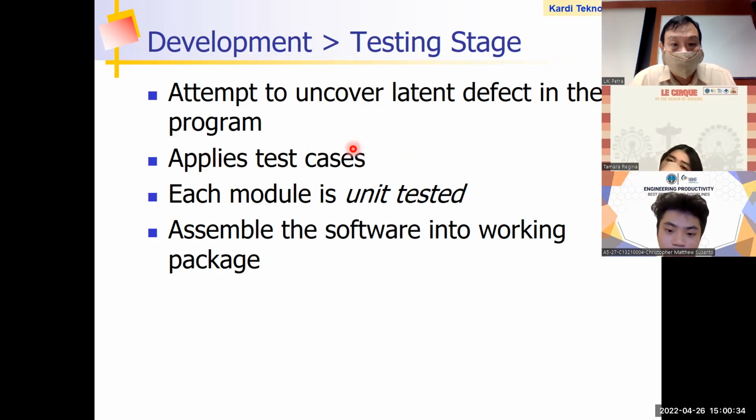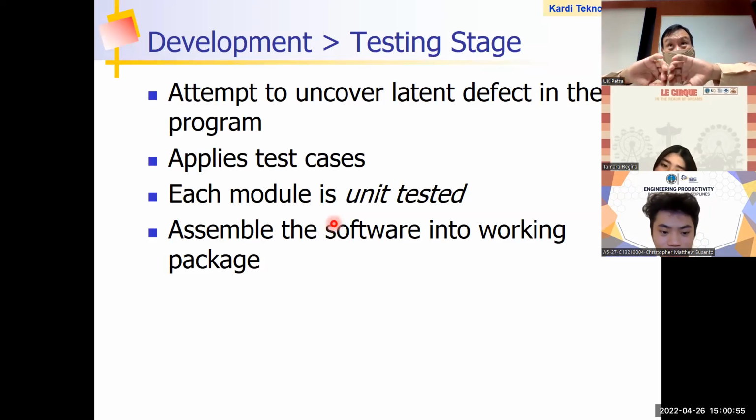Then you create what is called a unit test. Once you create the unit test, then you put this aside as code that is already tested. So you need to separate the code that is untested yet from the code that is already tested.